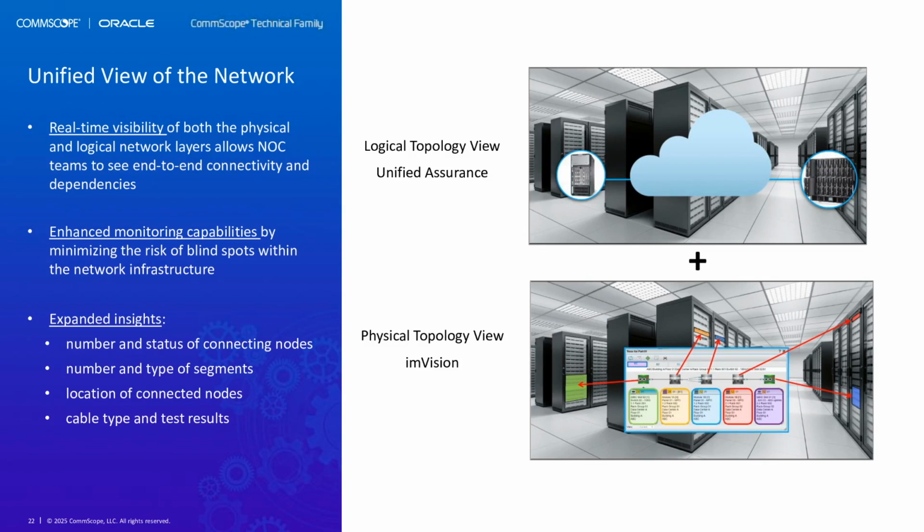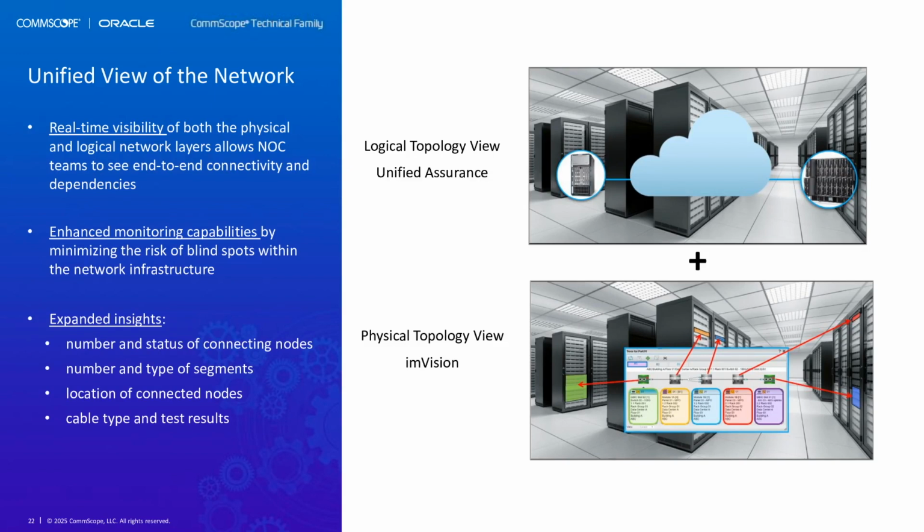And finally, the system can provide you information about cable type and even cable test results that may help you in investigating the potential performance issue, right? All of that is providing expanded insights into the structured cabling and the network infrastructure to NOC teams.